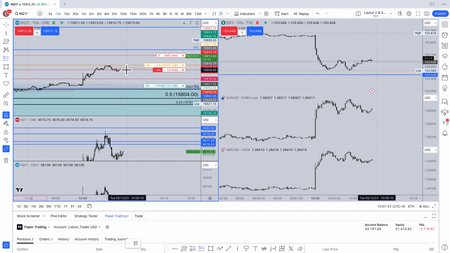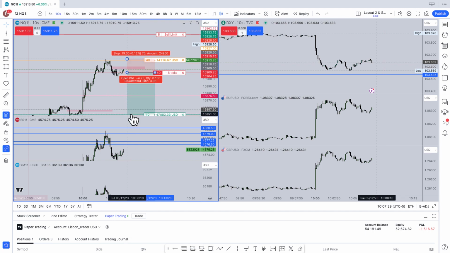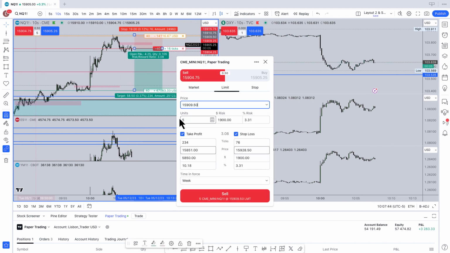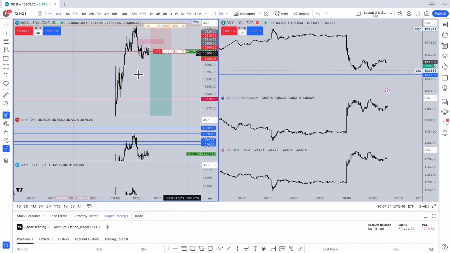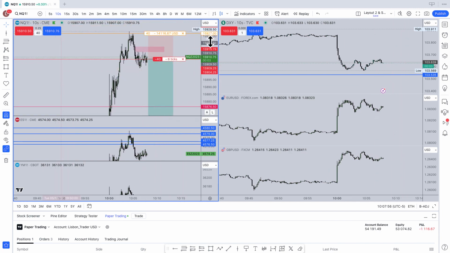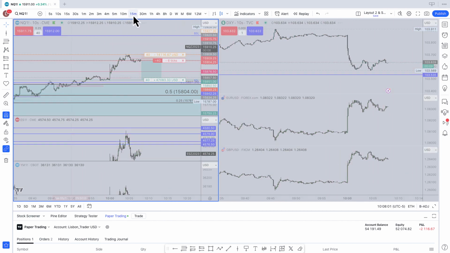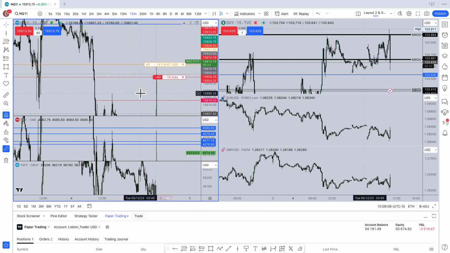So this is 20 handle stop loss for 58. So we have 40. Yeah, so it's a 3 to 1 trade. So we are bumping into this CB.